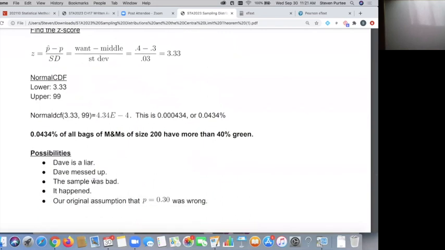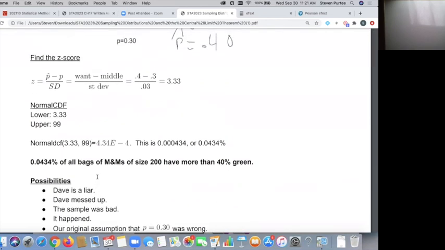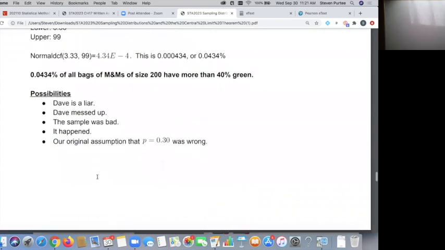So the next possibility is it was probably a bad sample. But now, let's say, for example, we went to the factory and we checked that machine. And we made sure that machine was actually okay. We checked it and it was a good sample. It looked like the population.